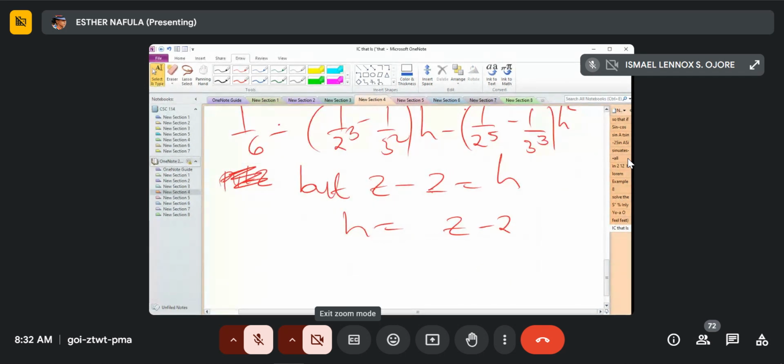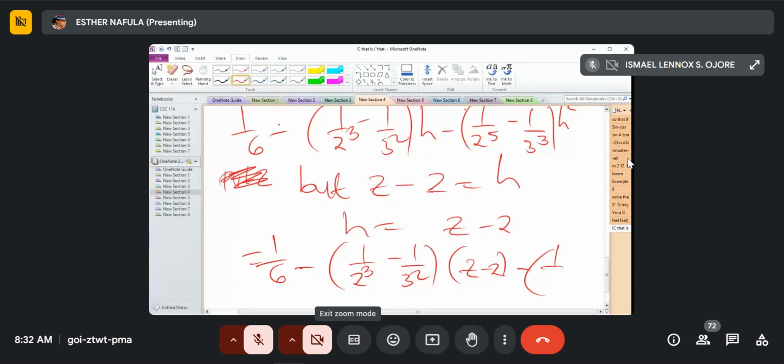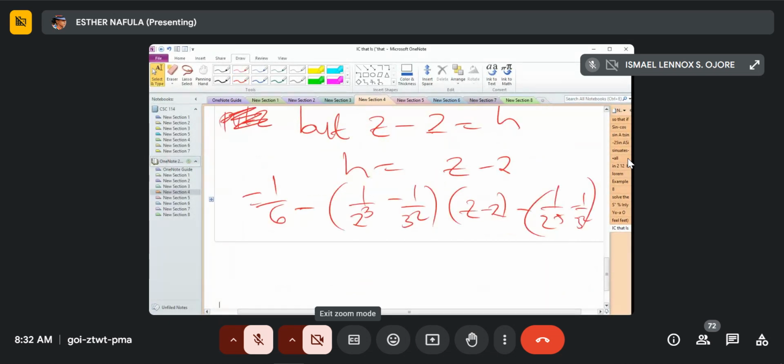So that is what we mean by in powers of z minus 2. So the answer should look like 1 over 6 minus 1 over 2 cubed. You can still have it as 1 over 8. It's the same thing, 3 squared, times h is z minus 2, minus 1 over 2 power 5 minus 1 over 3 cubed times h squared is z minus 2 squared.